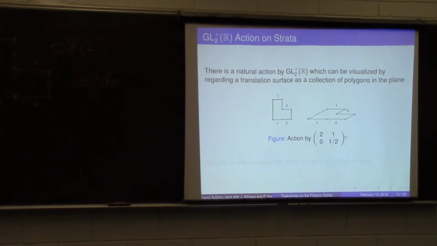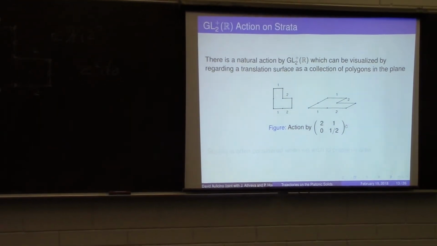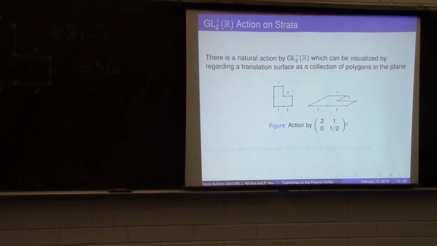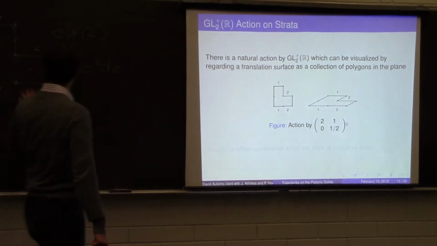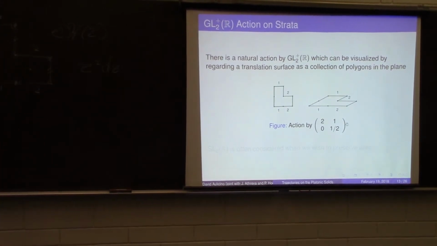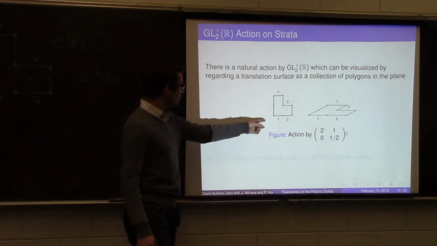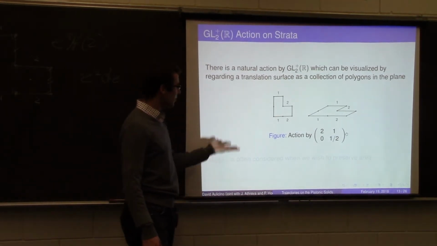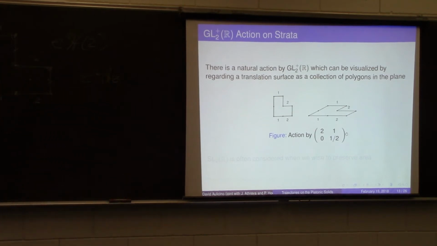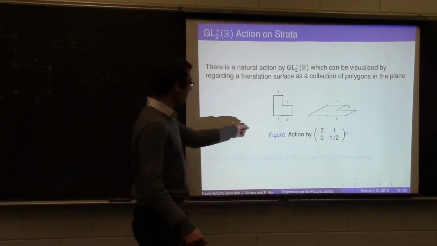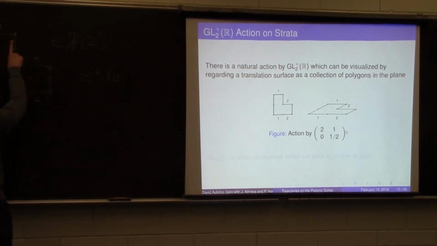Another thing that I'm going to be using is something called the GL2R action. This is a nice observation: if I have this translation surface, which is the one that I drew up here, and I multiply the vectors on the sides of this polygon by some 2 by 2 matrix, why not (2, 1; 0, 1/2), it's going to transform all the vectors like this. But here I have 2 vectors that are being identified.